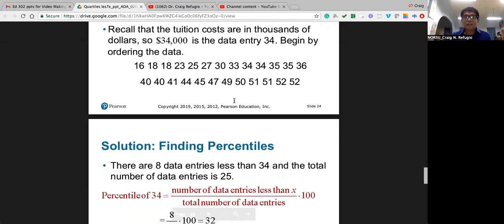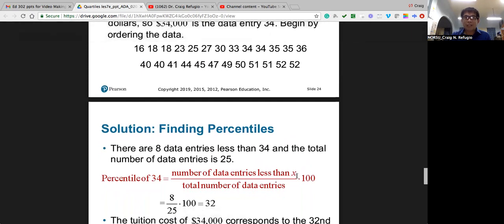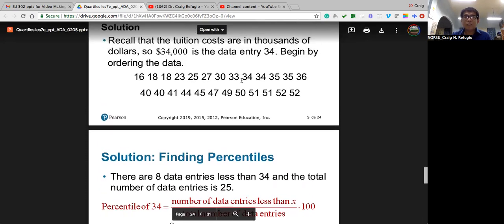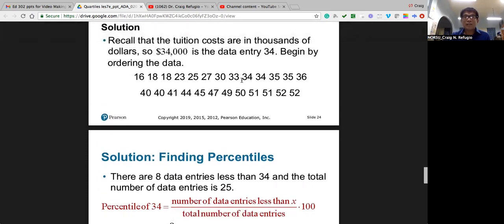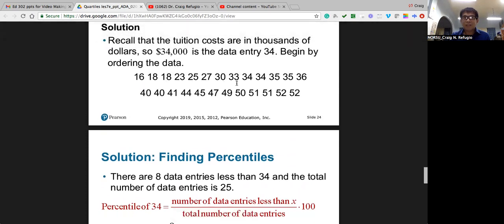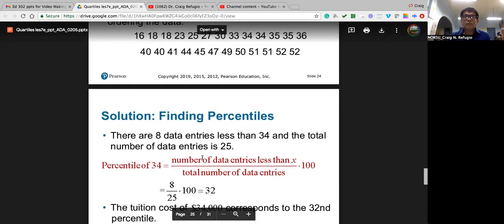That is the number of data entries less than x. For 34, how many data are less than 34? 1, 2, 3, 4, 5, 6, 7, 8. So we have 8, and then the total number of data entries.